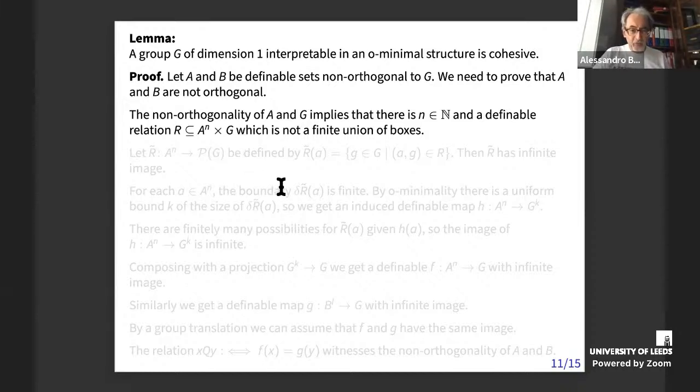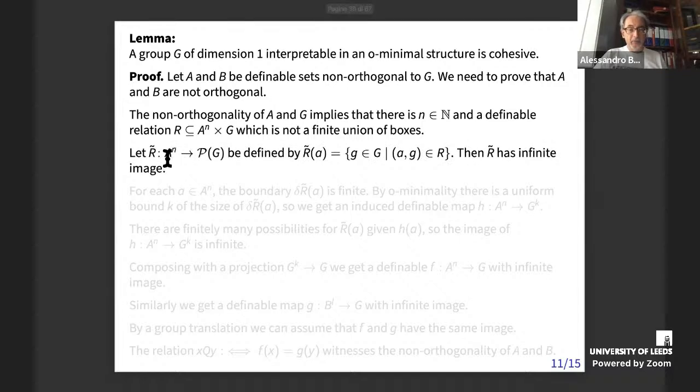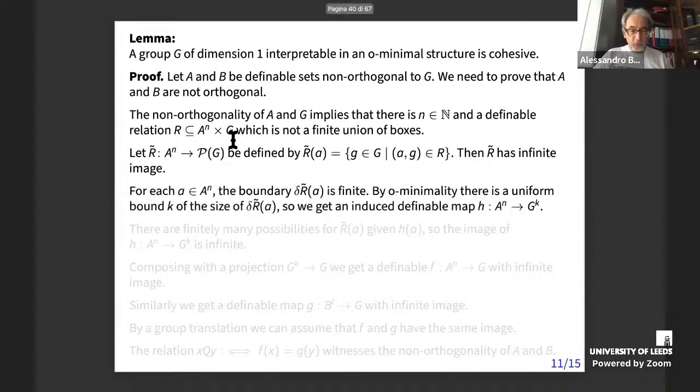Now, this non-trivial relation induces a map from A to the n to the power set of G. Namely, you take a point here and you consider the points of G in relation with it. Since the relation you started with was non-trivial, this R tilde has infinite image. But for each given input, small a, the boundary of R tilde a is finite, just because it's a definable set inside a one-dimensional group.